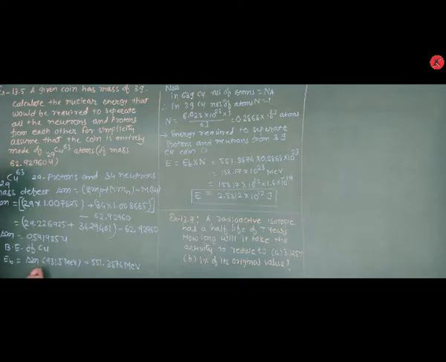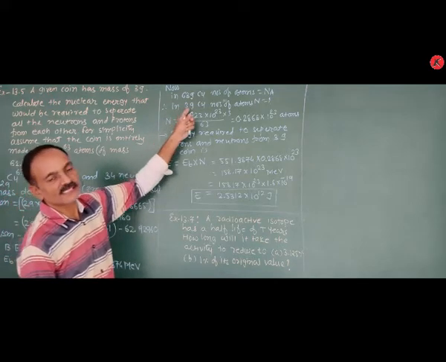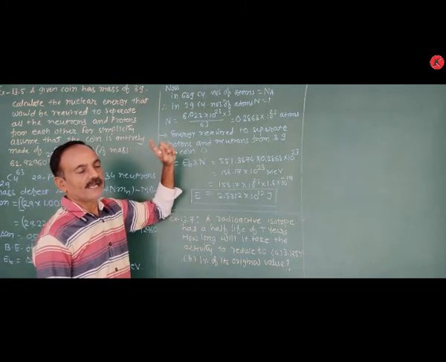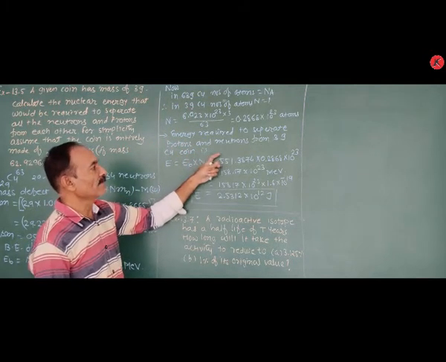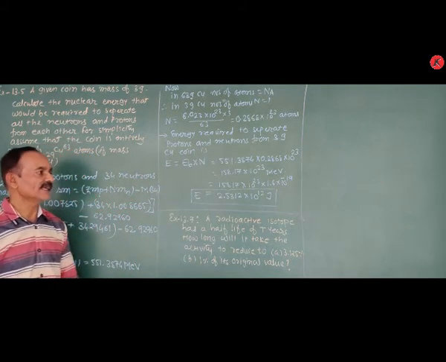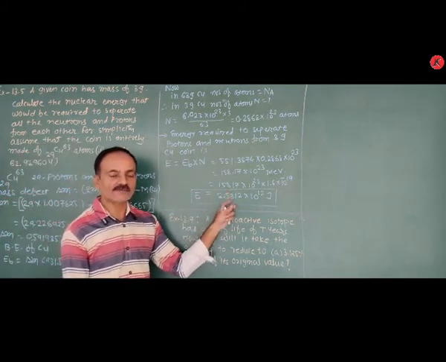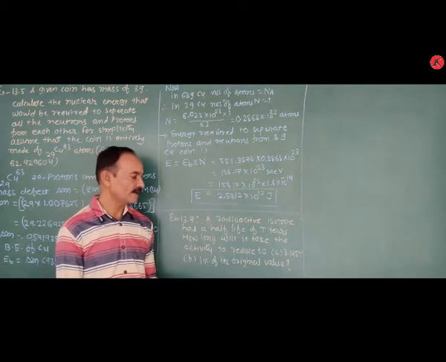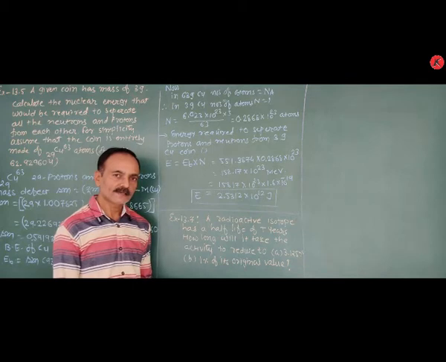After the mass defect, we calculate the binding energy of copper. After the binding energy of copper, how many atoms are in the 3 gram copper coin? Now, the binding energy of copper multiplied with the number of atoms in 3 gram gives the energy required to separate the proton and neutron from 3 gram copper coin. Clear?